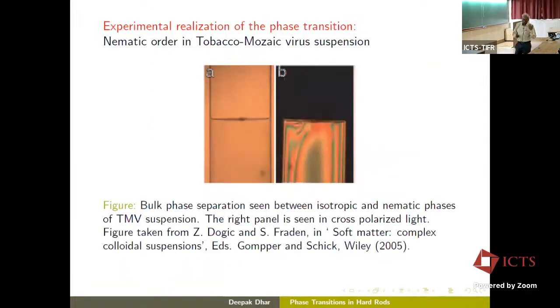Okay, and it's also important to realize that these systems are not just of theoretical interest. You can actually realize these experimentally rather easily. So Onsager himself suggested that if you want to study long rods, it's hard to find very long linear rod-like molecules, but tobacco mosaic virus acts like a big hard particle, and they are roughly of the same size. So you can study tobacco mosaic virus in a solution, and it undergoes a phase separation.